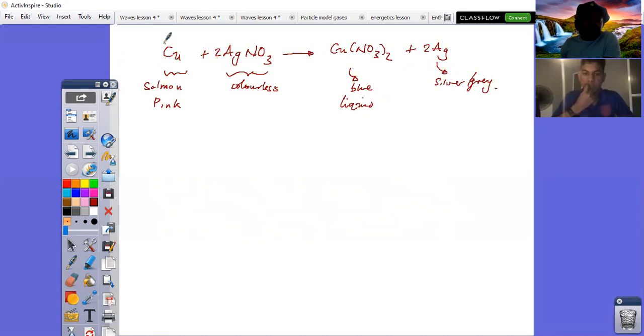Now this here is an example of a displacement reaction. The copper has kicked away the silver, and it's taken its place, right? So the question is, have a go at writing the half equation for what happens to the copper and also for what happens to the silver.